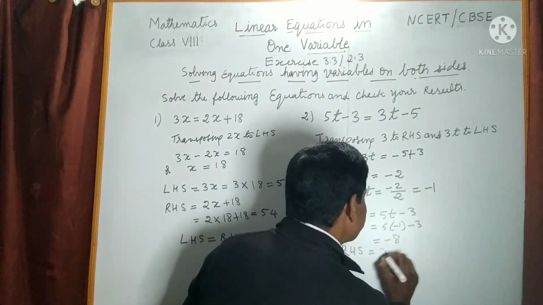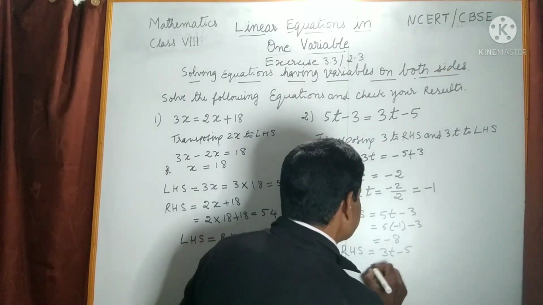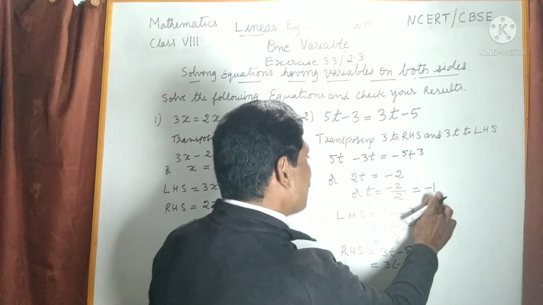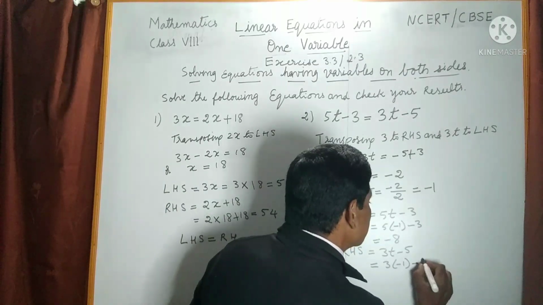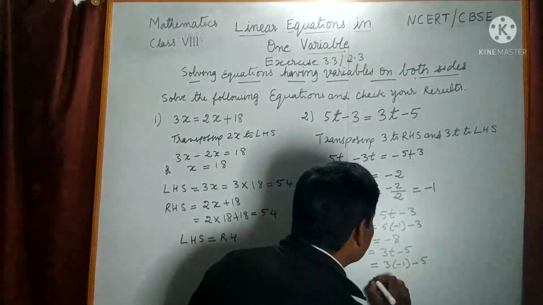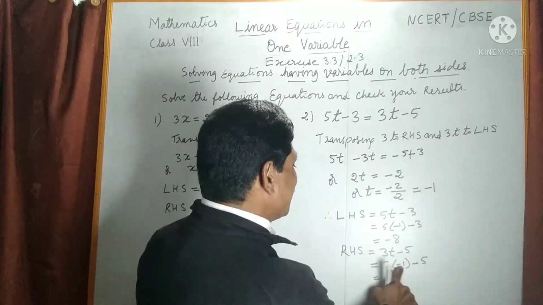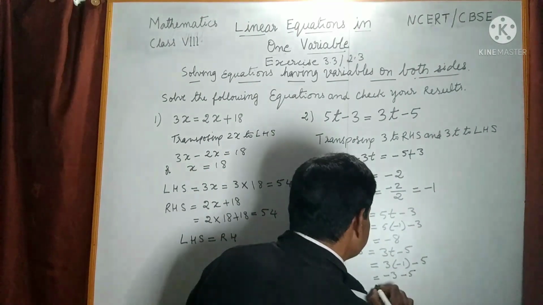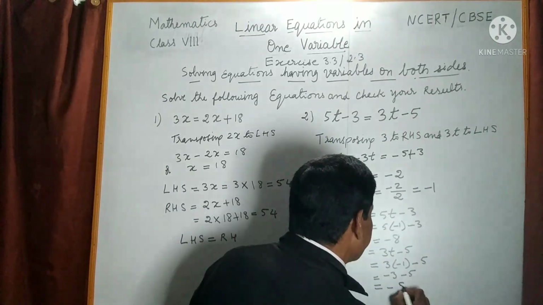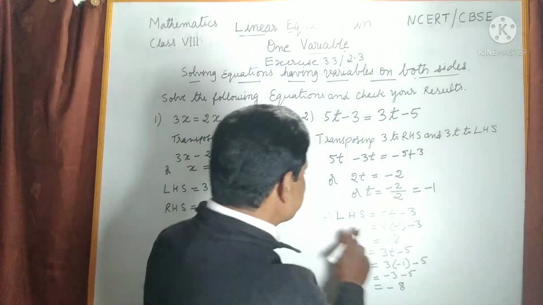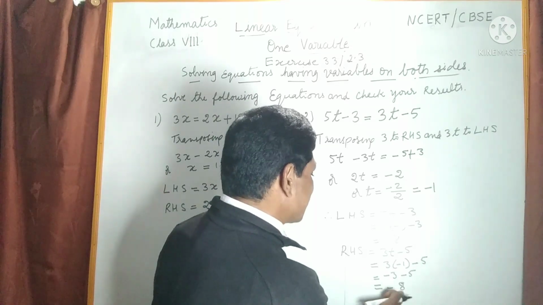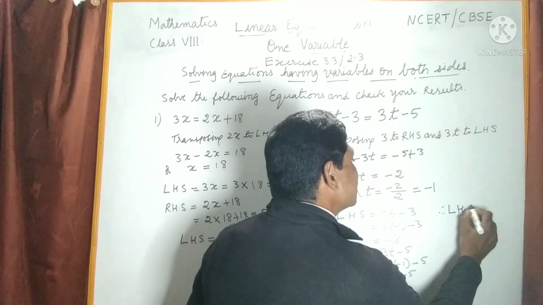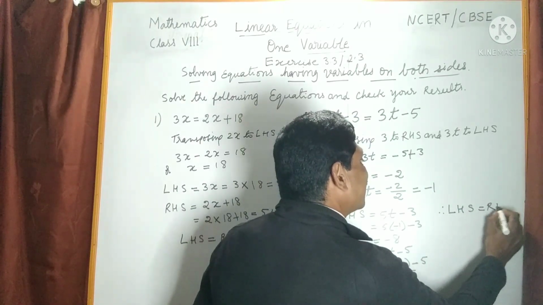This is equal to 3 into minus 1, because t is minus 1, minus 5. This is equal to 3 into minus 1 is minus 3, minus 5. This is equal to minus 8. So LHS is minus 8 and right hand side is also minus 8. Therefore, LHS is equal to RHS.